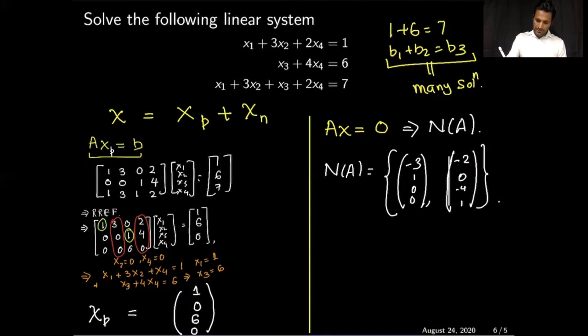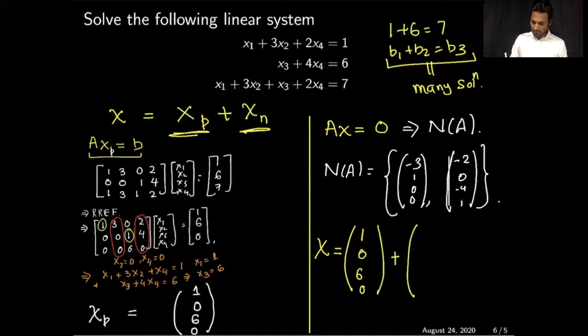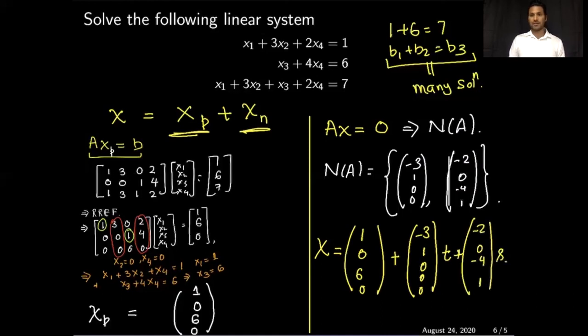Now, how do we write the complete solution of our linear system, which is xp, one particular solution, plus the null space? The complete solution is the particular solution 1, 0, 6, 0 plus a linear combination of the null space vectors. I put a variable t here times -3, 1, 0, 0, and then -2, 0, -4, 1 times some constant s.